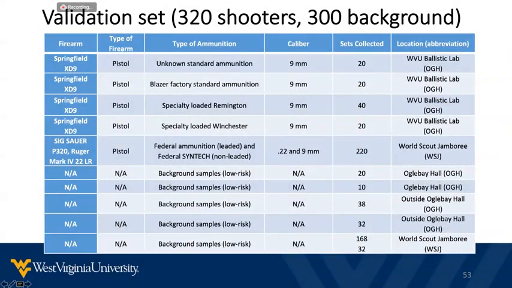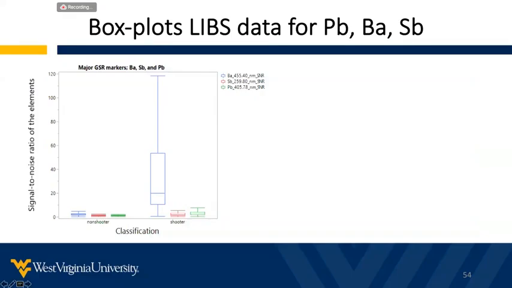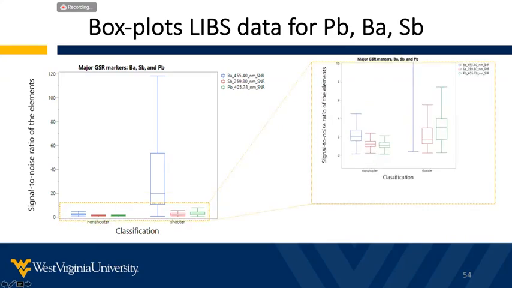So we used 320 shooters and 300 background skin individual samples to validate this method using different ammunition and collected from indoor and outdoor shooting ranges. These box plots show the distribution of lead, barium, and antimony on background and shooter populations. And as I mentioned earlier, we use that background population data to set up our positive and negative thresholds.